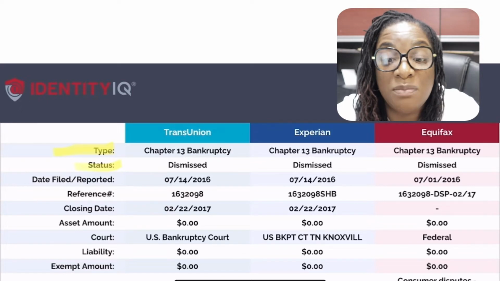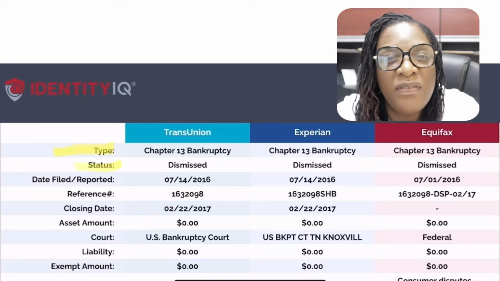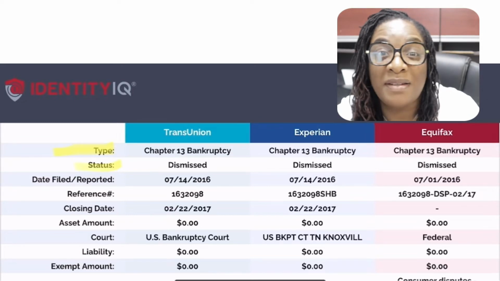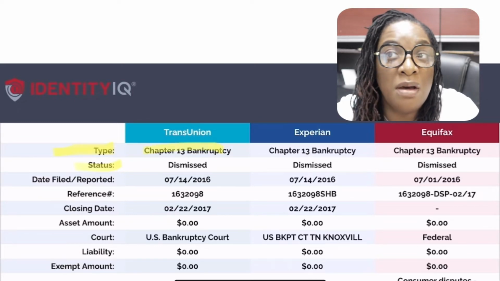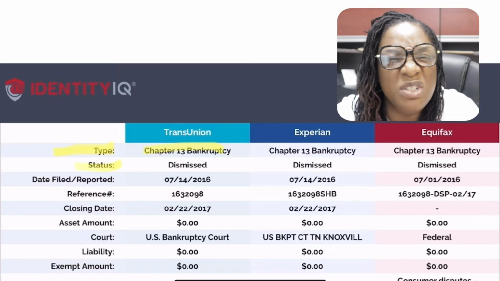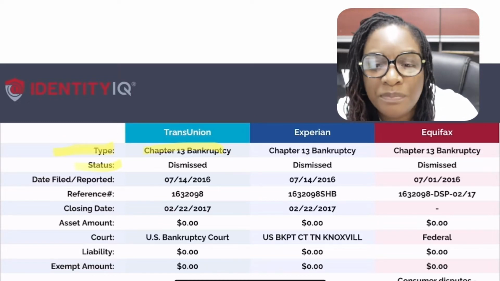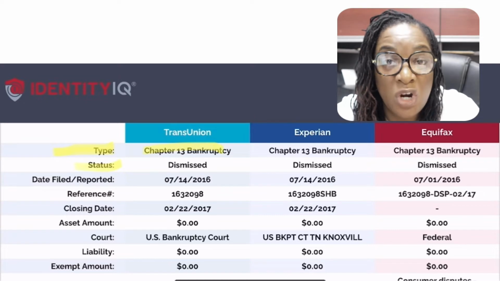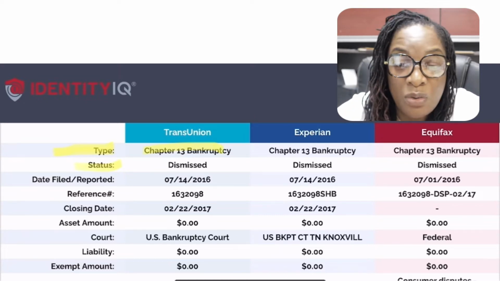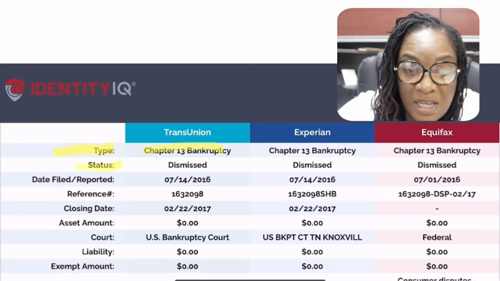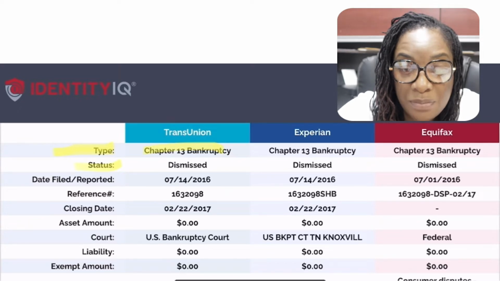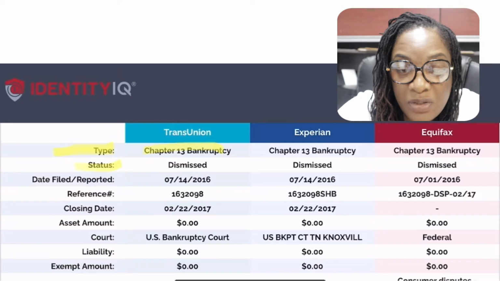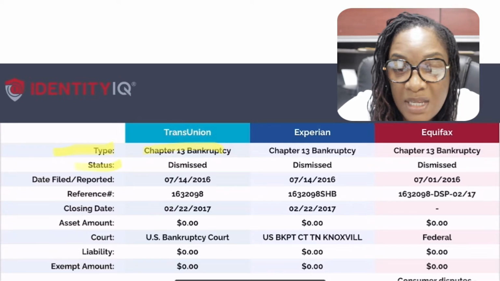Dismissed would mean that if you started filing bankruptcy and then you either backed out of it, or you didn't finish paying off whatever your fees were, then that would make it dismissed, discharged otherwise. So that's an inaccuracy for what we're doing. So that would definitely be considered an inaccuracy.